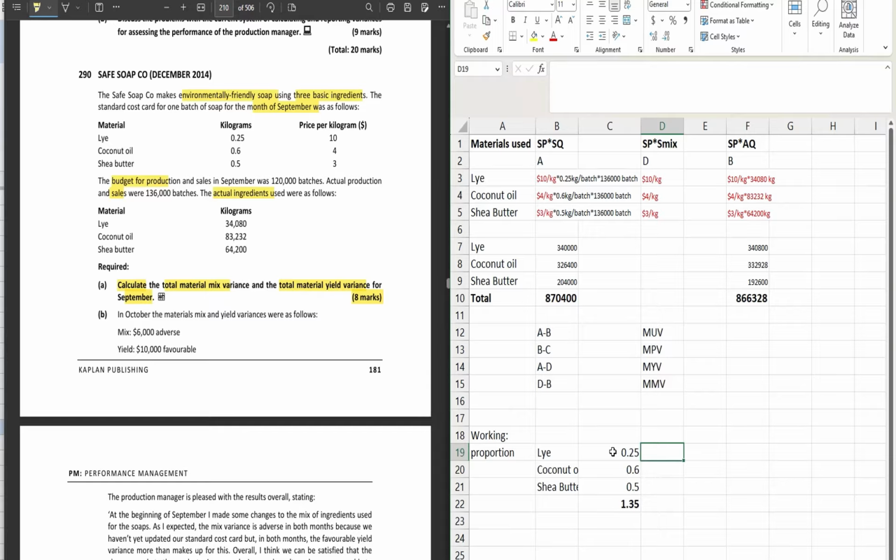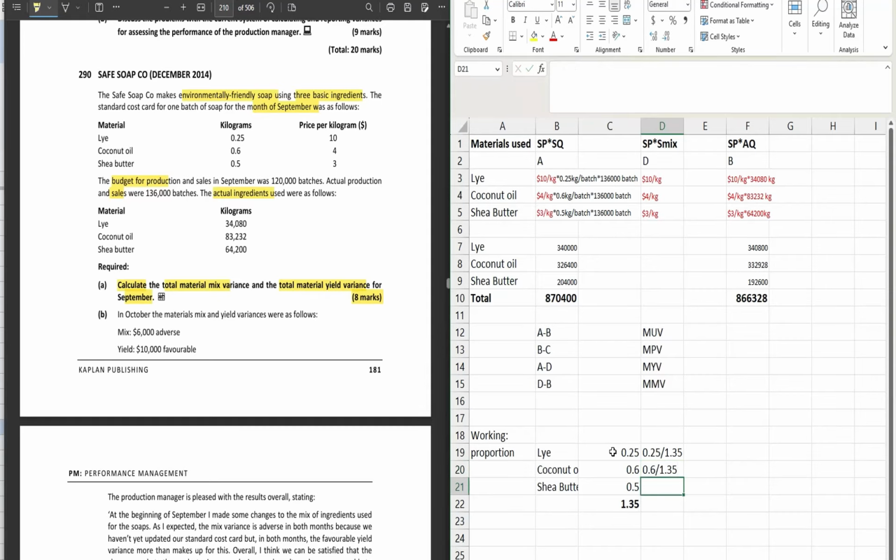So now this is the proportion of ghee in the one batch: 0.25 divided by 1.35. Correct? Similarly, for the coconut oil it is 0.6 divided by 1.35.